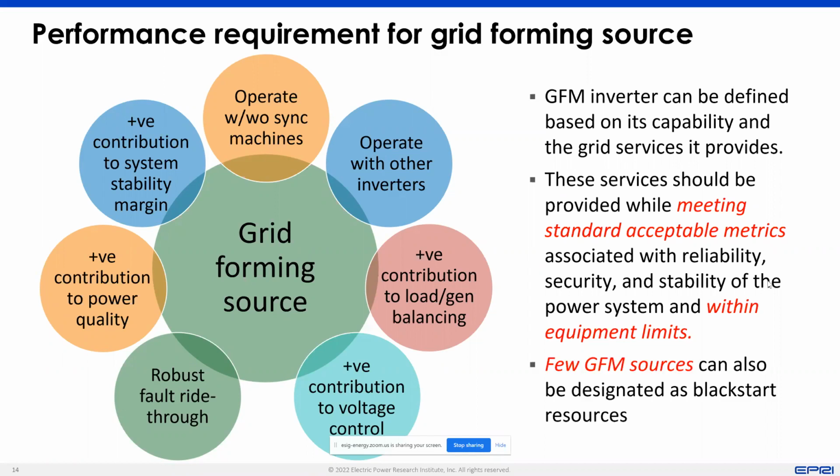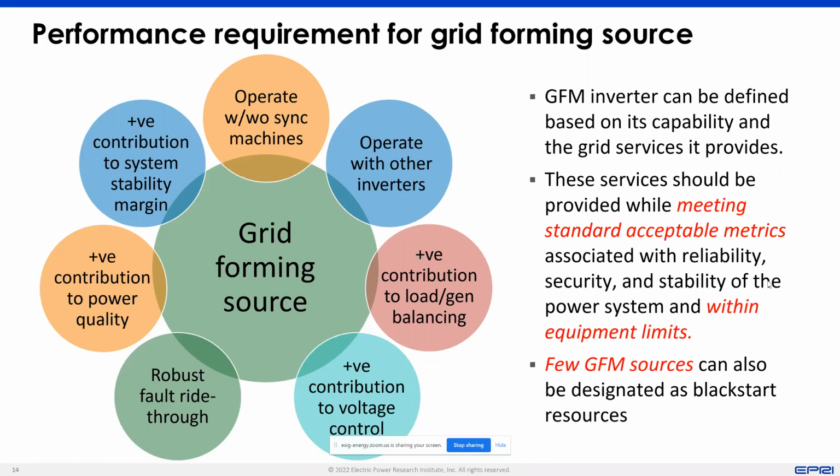Last point is that in the way we have defined this, we don't think that every grid forming inverter should be a black start resource. Every black start capable inverter should be a grid forming inverter, but every grid forming inverter need not be a black start resource. In the same way as today, not every synchronous machine plant is a black start capable plant.